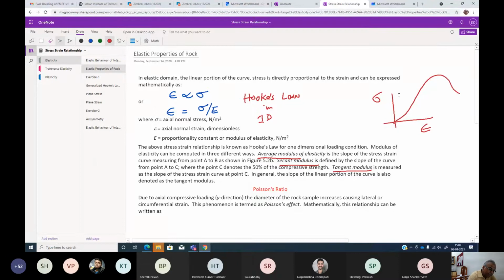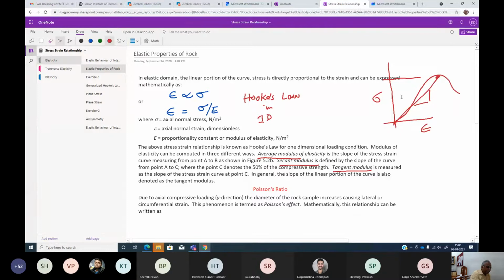So if you take a point here and a point here, the maximum, which we call UCS, the slope of this is basically the average modulus. So up to the peak, and from 0.